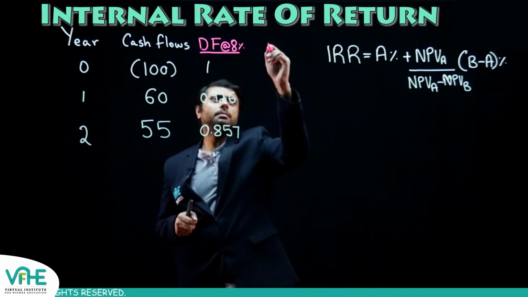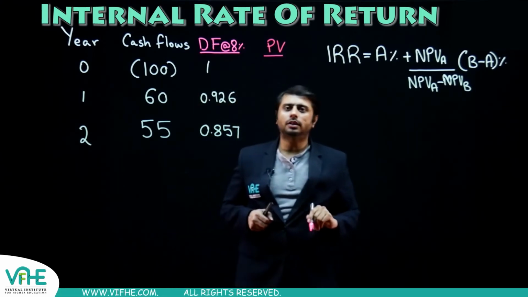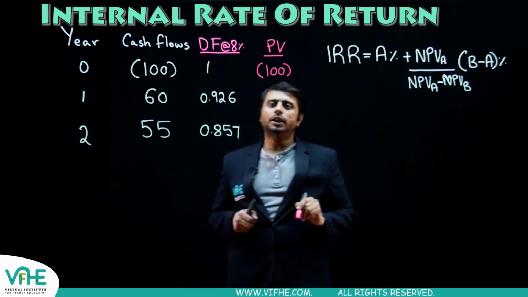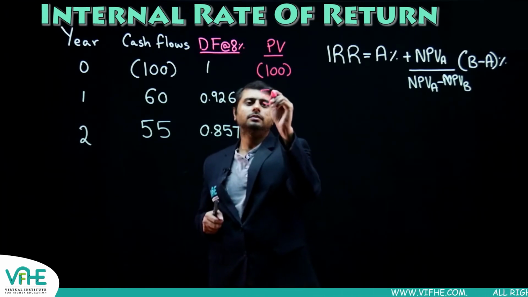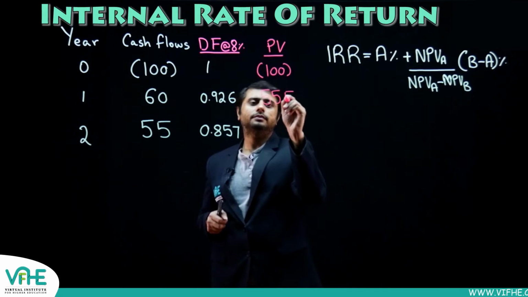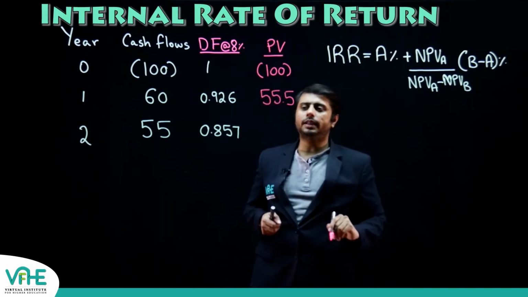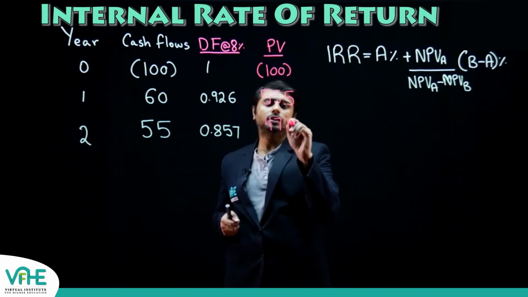Now, calculating the present values, negative 100 into 1 is negative 100. 60 into 0.926 is 55.5. And 55 into 0.857 is 47.14.